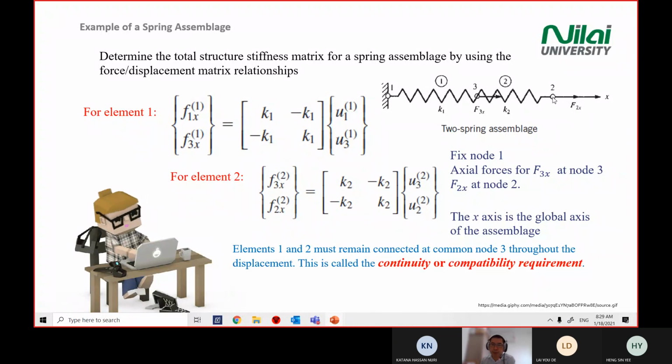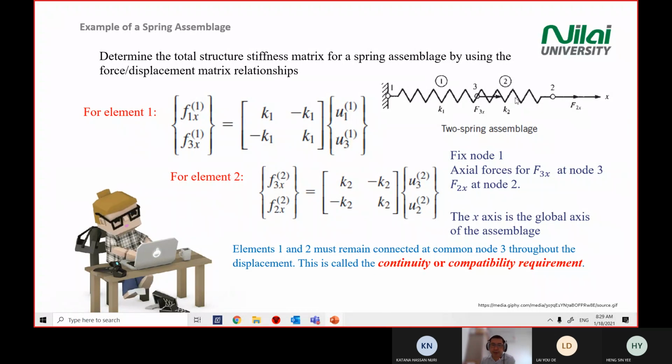It means that if you pull on one point on the right-hand side, in this case you have a force at point number 2. If you pull on this side, point number 3 will experience expansion also. It means that the force at number 2 will affect number 3 and have an effect on spring number 1.